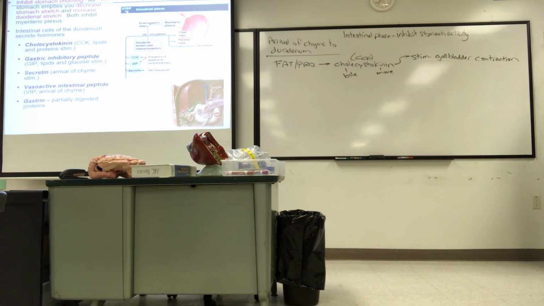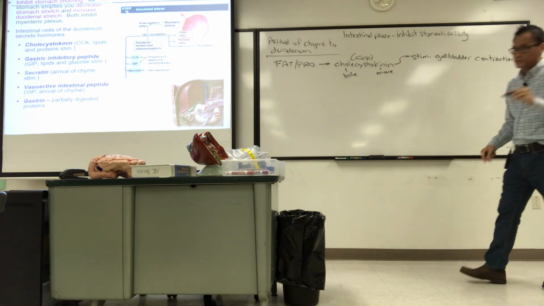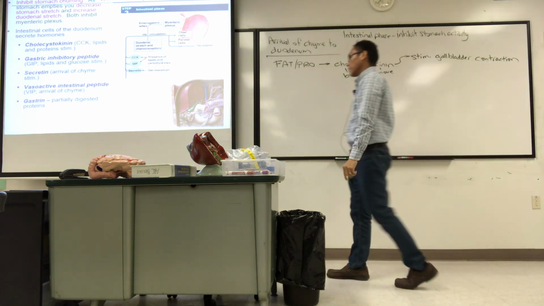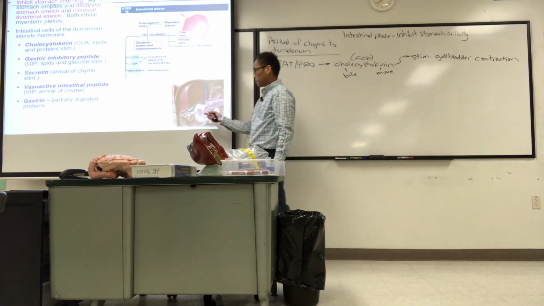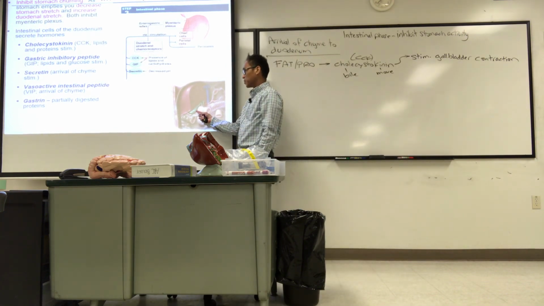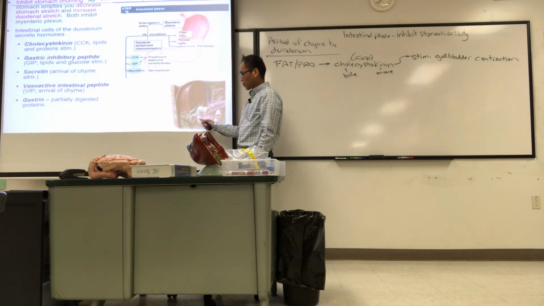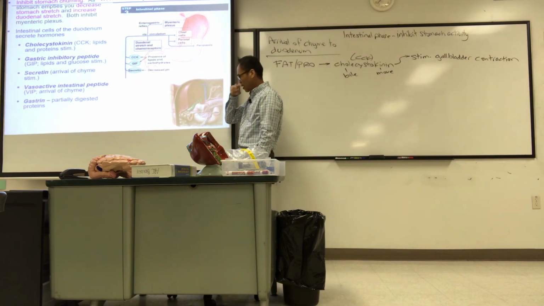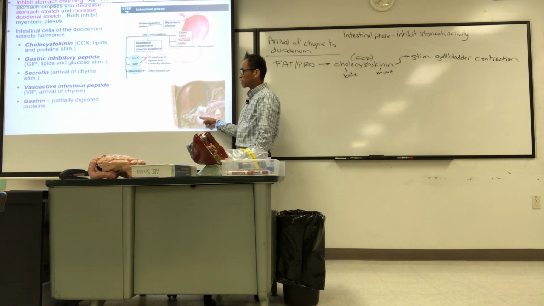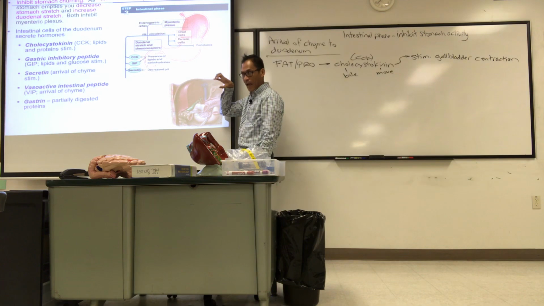The gallbladder stores and concentrates the bile that the liver produces. And by stimulating its contraction, you're going to squeeze it into the duodenum. But on the other end, you've got to loosen the valve. You've got to open the valve on this end. That valve is called the hepatopancreatic sphincter. It's a sphincter that you have to relax.